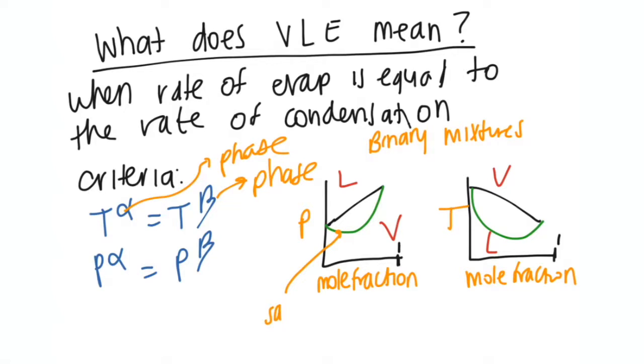And my saturated liquid is right here. And then you've also probably heard of bubble point or dew point. So you know that your bubble point is your first drop of vapor.